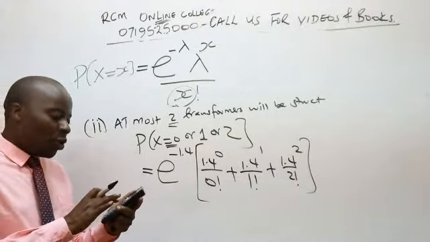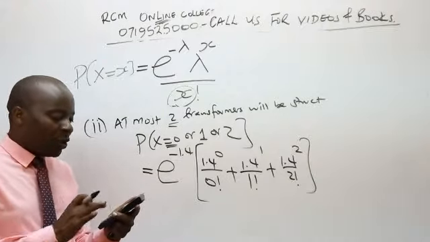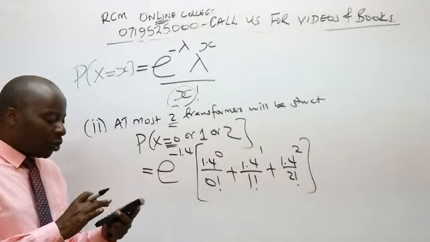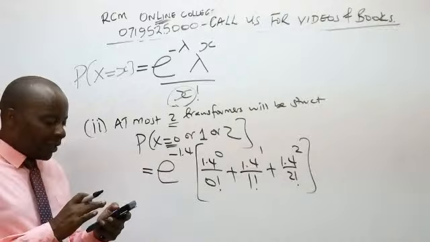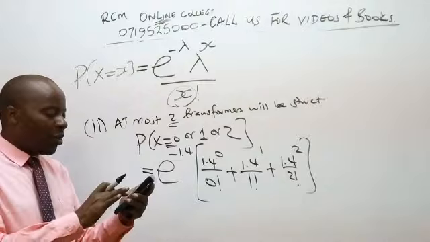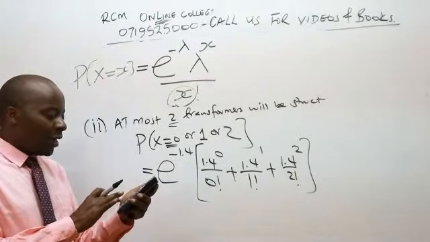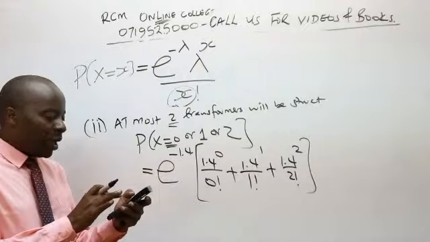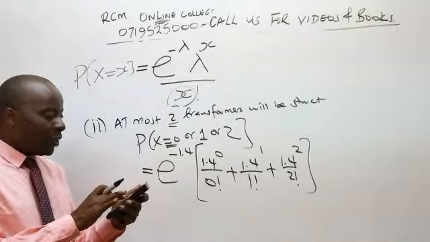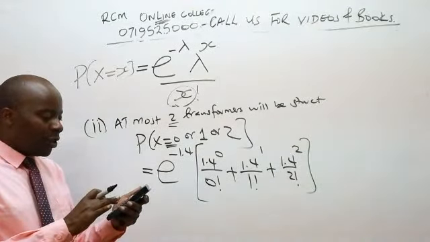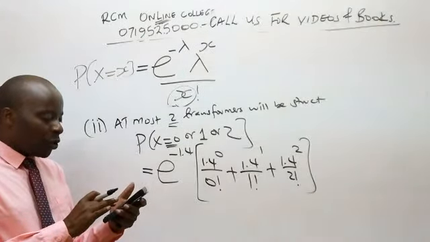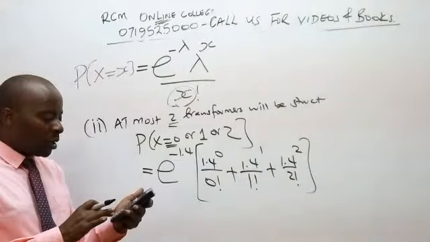We have 1.4 raised to 0 divided by 0 factorial, plus the second term is 1.4 raised to 1 divided by 1 factorial, plus 1.4 raised to power 2 divided by 2 factorial, equals.